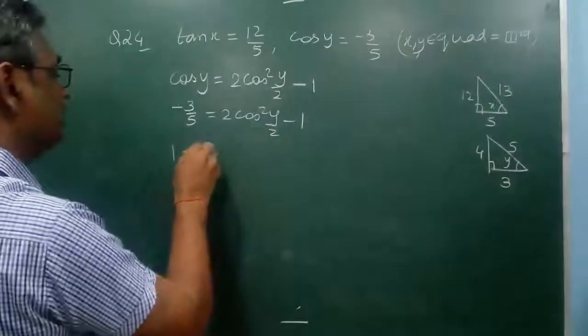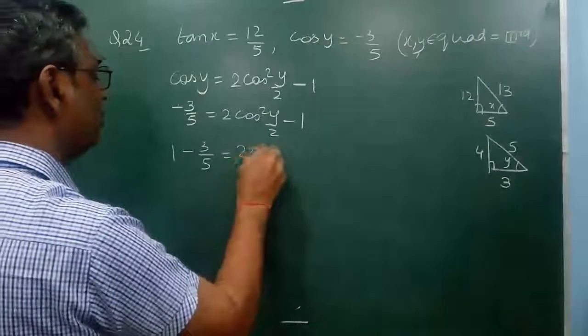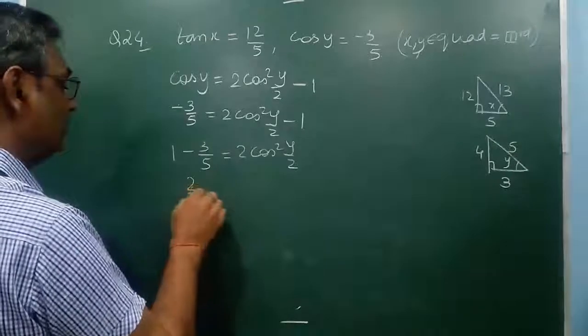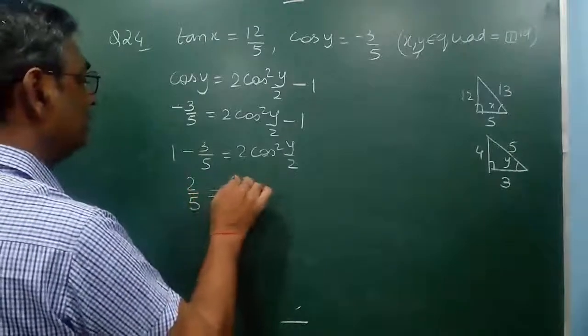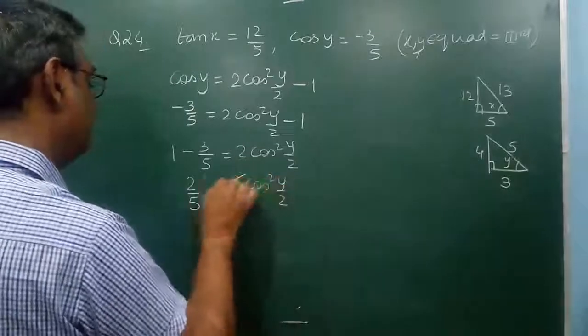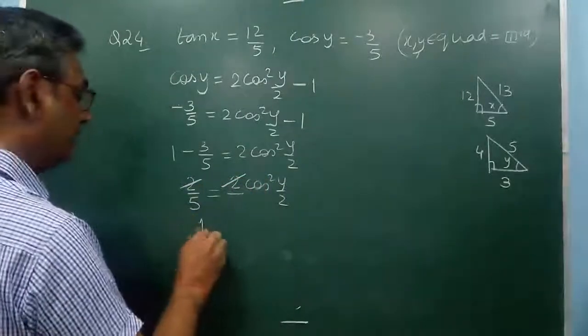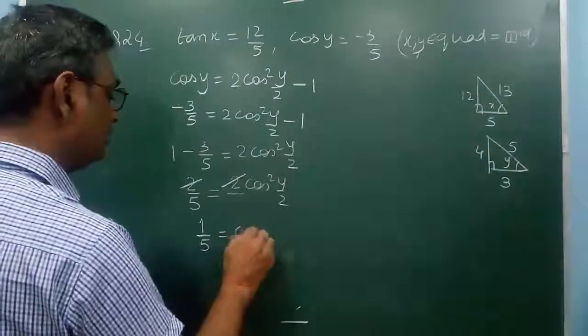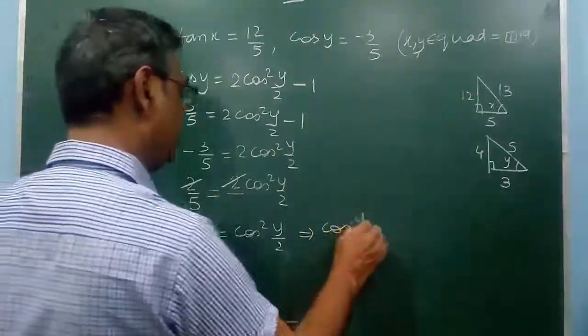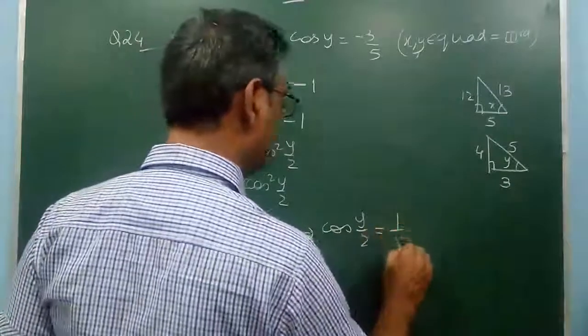So 1 minus 3 upon 5 equal to 2 cos square y by 2. So this is 2 upon 5 equal to 2 cos square y by 2, and this got cancelled. Means 1 upon 5 equal to cos square y by 2, which implies cos y by 2 equal to 1 upon root 5.